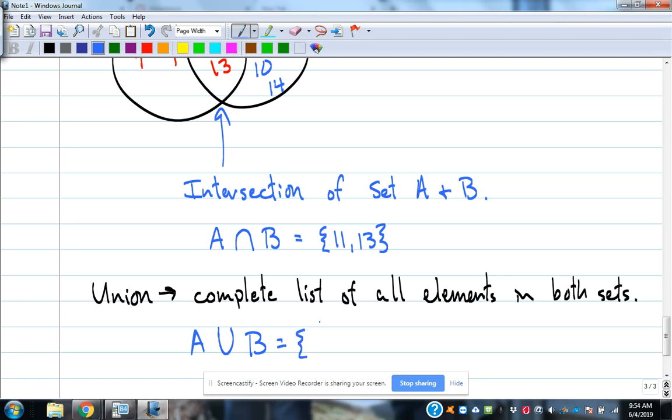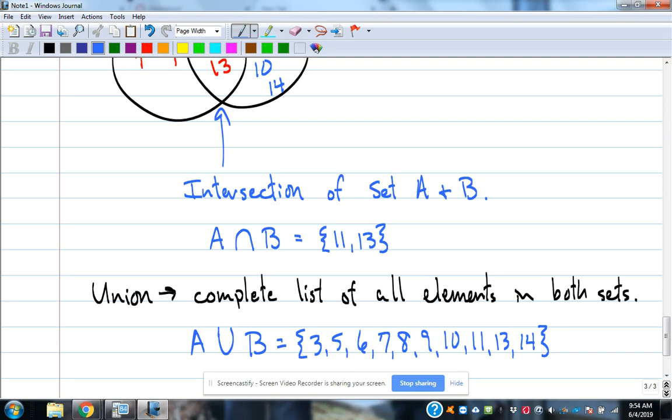The elements we had were 3, 5, 6, 7, 8, 9, 10, 11, 13, and 14. So it's everybody that's in there. And you don't list an element twice because it was in the intersection. You only list it once. All right. So union is everybody.